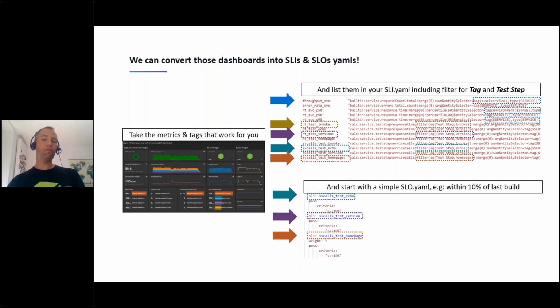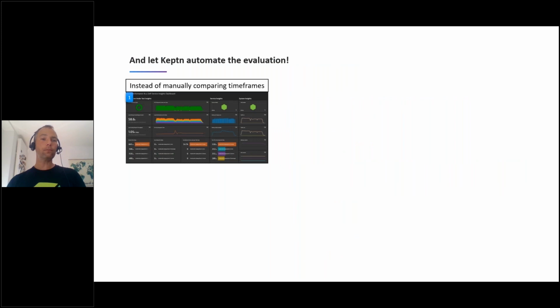Then we also can specify an SLO file. This is the service level objectives. So what are typically the things you look out for? Either hard-coded thresholds, a certain metric should not go beyond a certain threshold, or maybe you always compare with the previous builds and you are looking out for any regression between builds. So we can define this in so-called SLI and SLO, and then instead of having to manually do this, right?